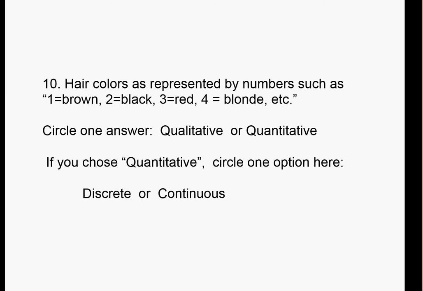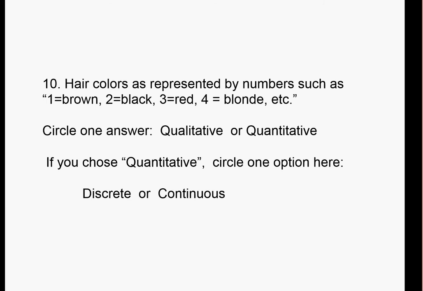Again, these numbers are simply different ways to give people different labels. The person who has blonde hair, therefore a number 4, does not mean that this person has twice as much of the attributes in his hair as a person who has black hair, therefore number 2.